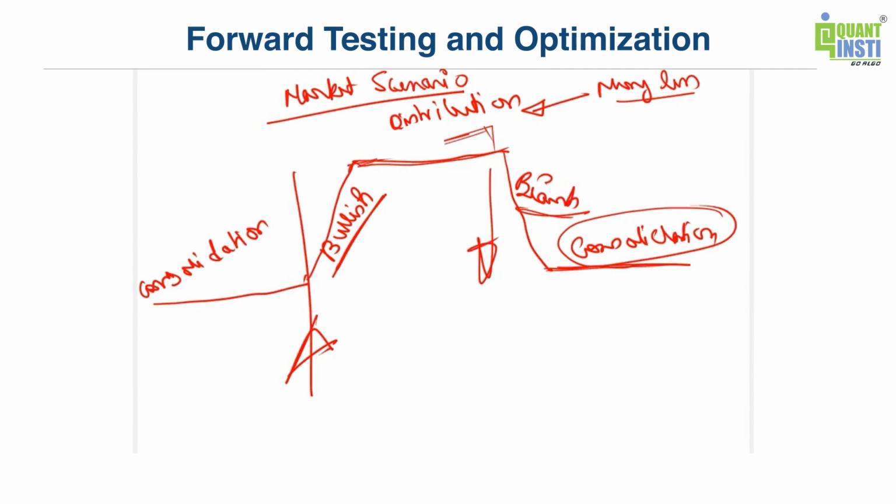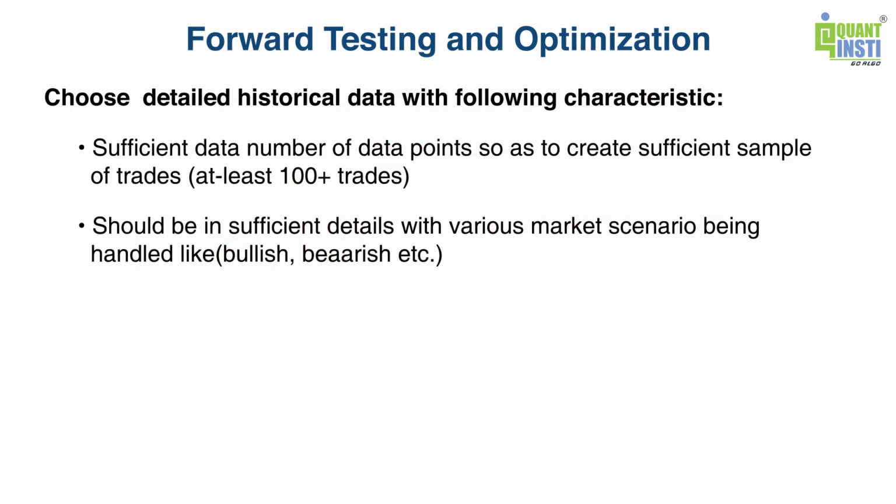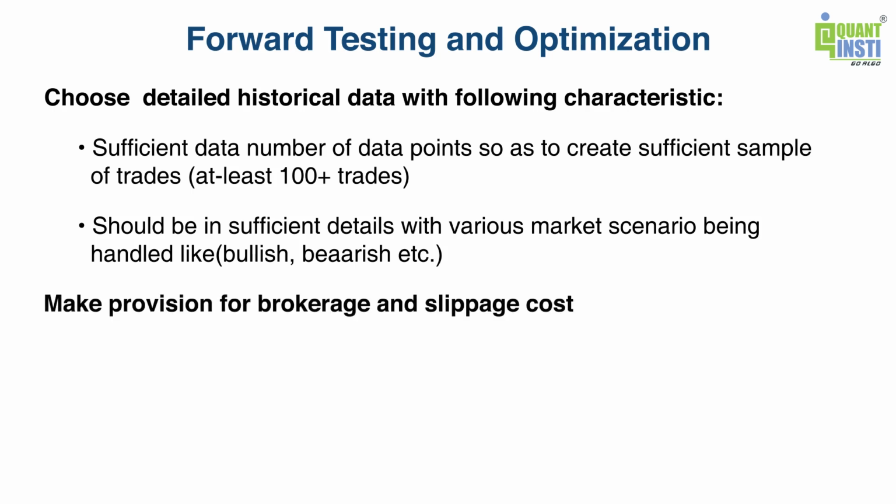But when you are choosing your data points, you should have a bullish phase, a distributive phase, a bearish phase and a consolidative phase, to really take the full gamut of the market picture. Make sure the provision for brokerage and slippage cost has been made in your system while you are doing the back testing.